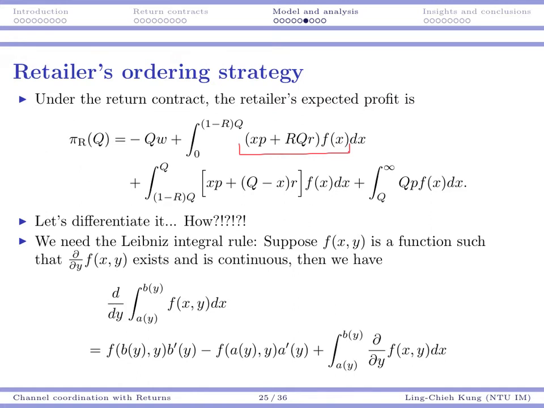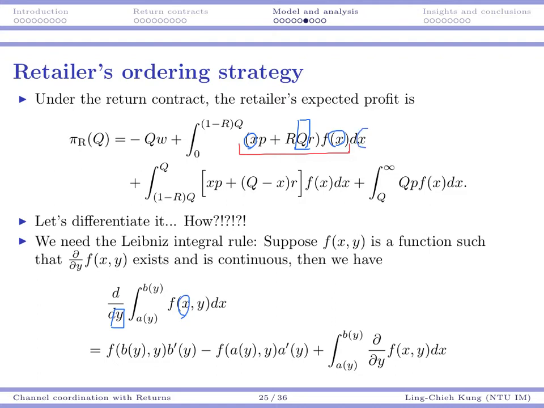Okay, x is here, and also there is capital Q. Okay, capital Q is the variable that we are going to differentiate upon. So capital Q is the y variable here, and x of course is x here.